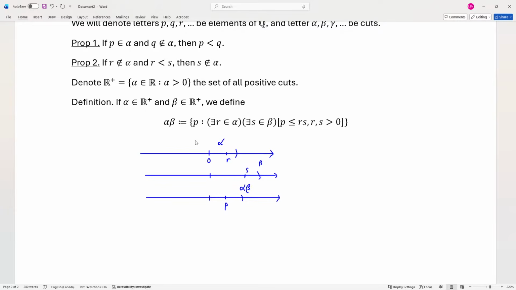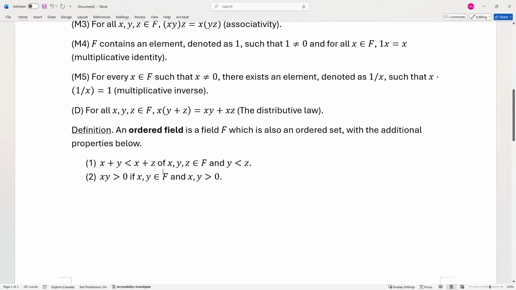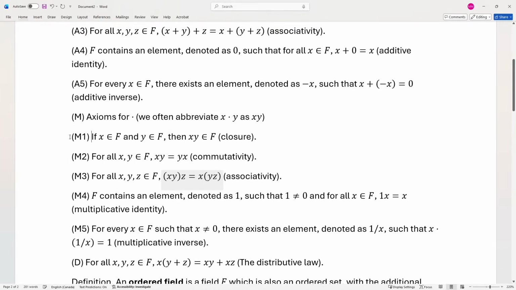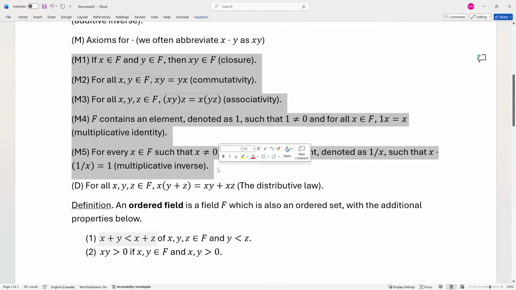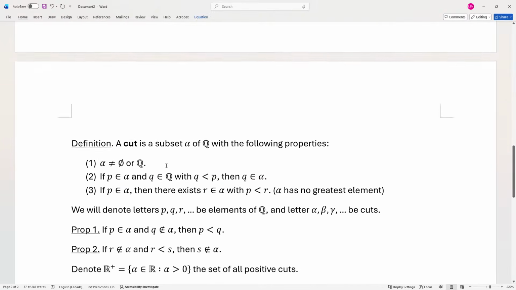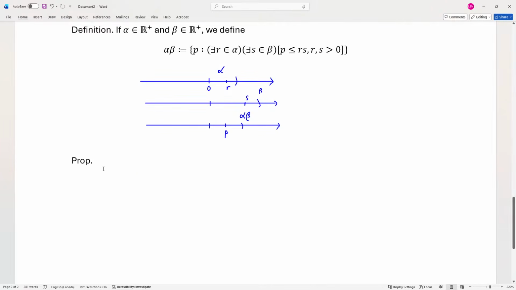Okay, so M1 is the closure property, which we just stated. So we need this proposition. Basically, I'm just going to copy down these multiplication axioms, and I'm going to create propositions based on them.